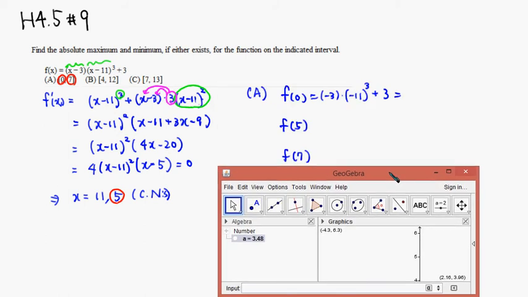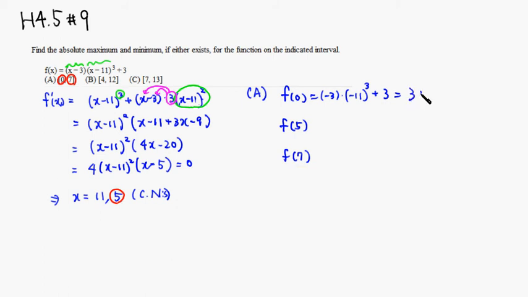So we have negative 3 times negative 11 cubed and a plus 3. So that's 3996.